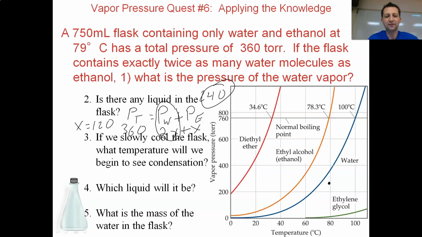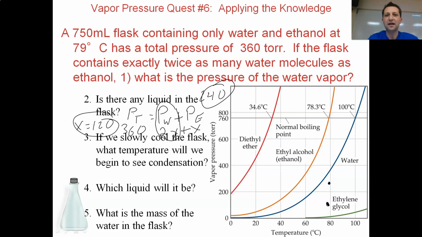Partial pressure of ethanol at 79 Celsius is 120, because X is equal to 120. So 120 is maybe here-ish.